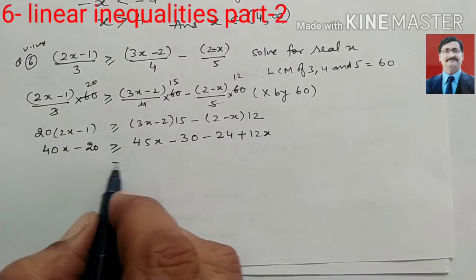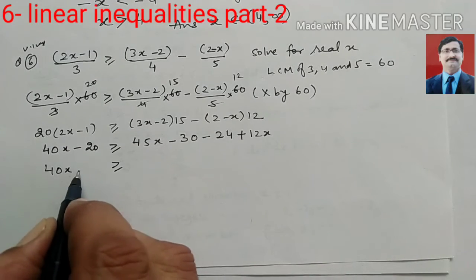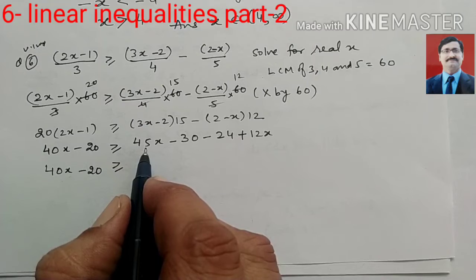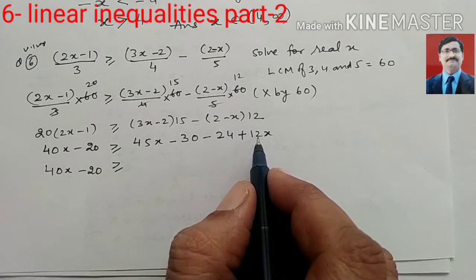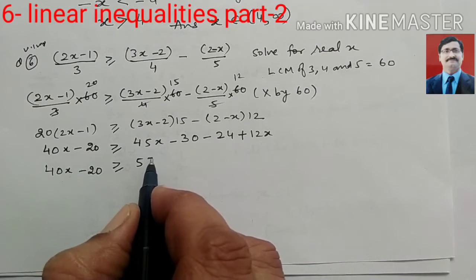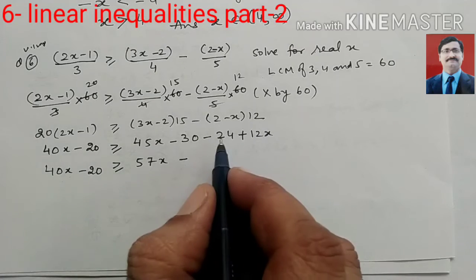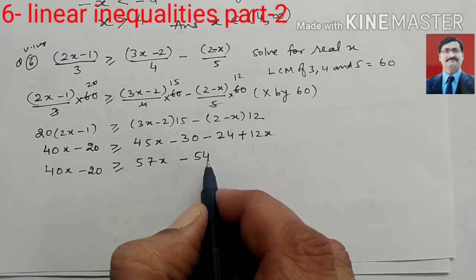Now like terms we can add here. 45x and 12x will be 57x, and these constants we will add, so we get 54.